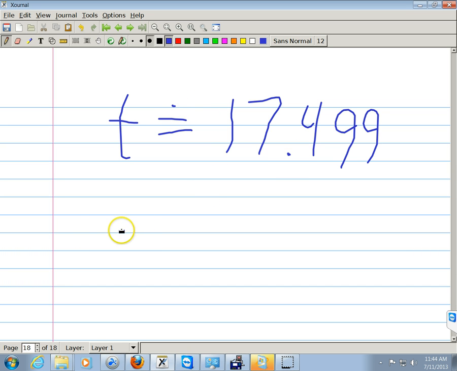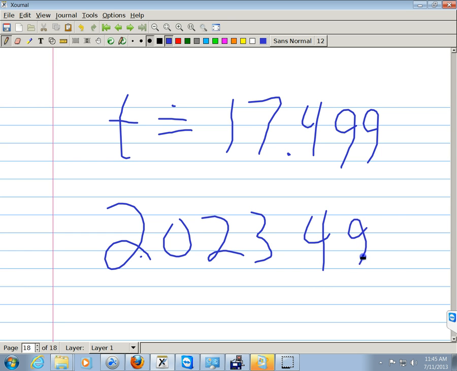But that means the year is 2023.499. In other words, June 2023, or the end of June. Okay. All right, so there you go. Good. So just solving some word problems using logs. That's all we're doing.